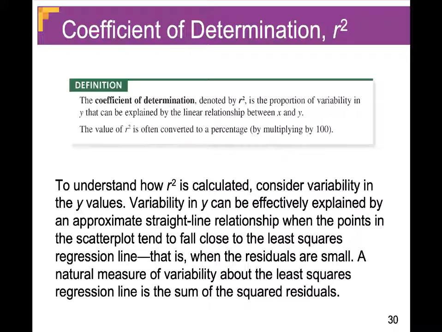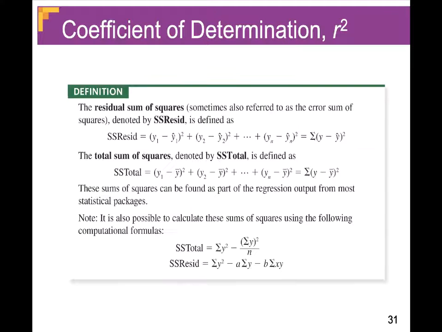So when you get your r and you square it, you'll have a decimal. If you multiply by 100, you can turn that into a percentage. But it's just giving us how well that straight line relationship is able to explain how the y values are changing.